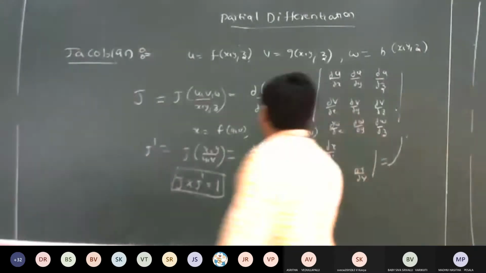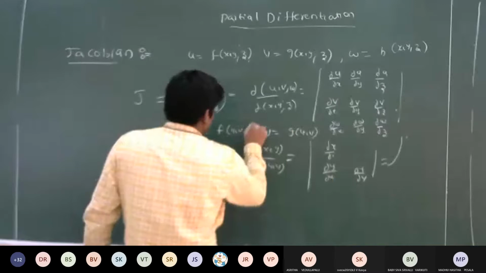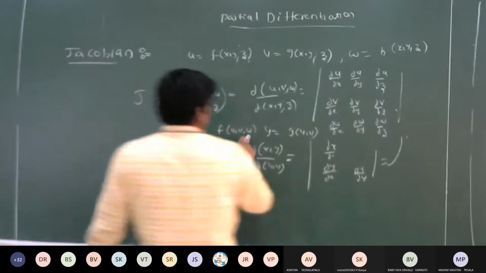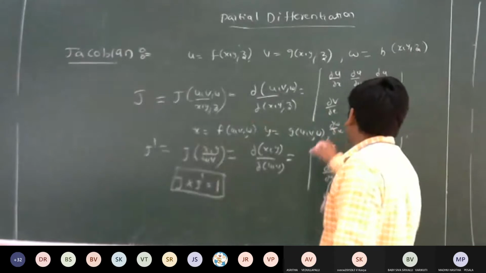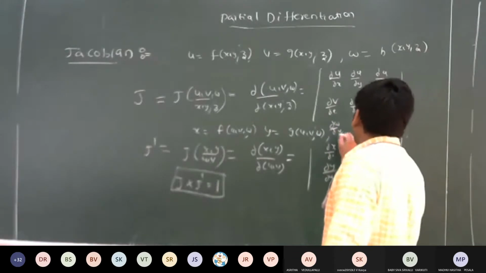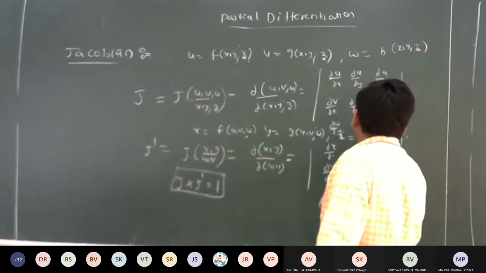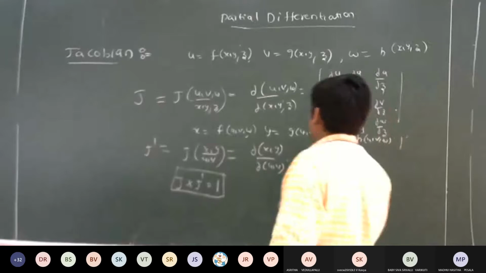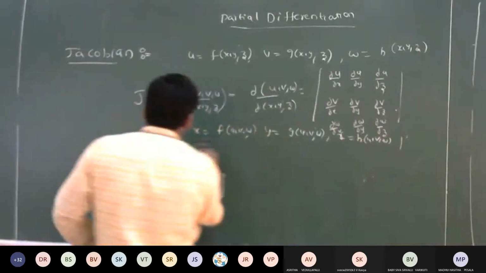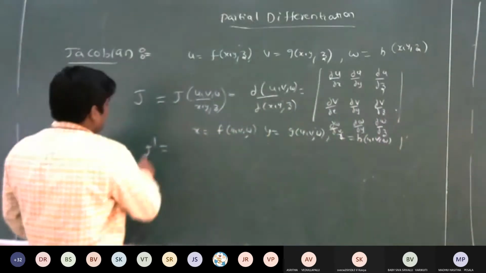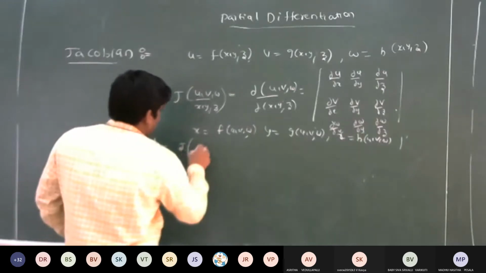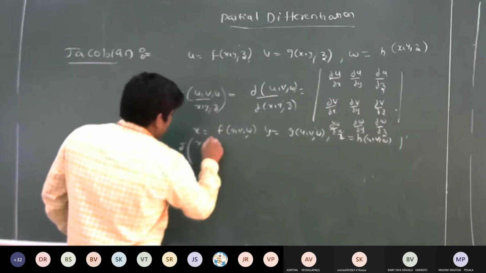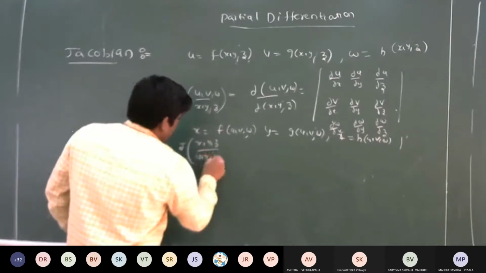Similarly, we can also consider x equal to f of u, v, w, y equal to g of u, v, w, and z equal to h of u, v, w. In that situation, the Jacobian, which I denote as J dash, is defined as the Jacobian of x, y, z by u, v, w.